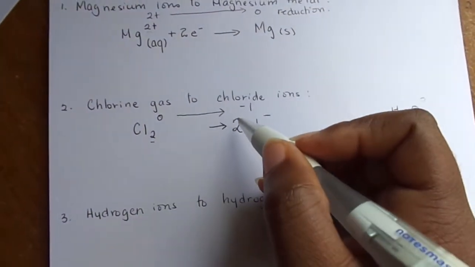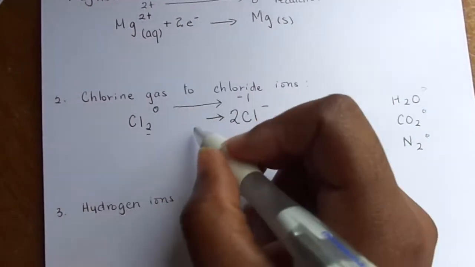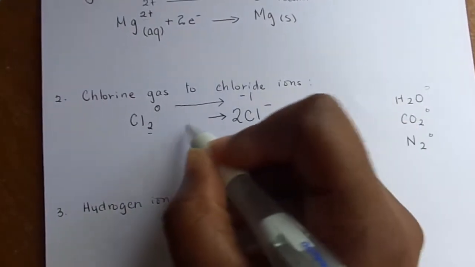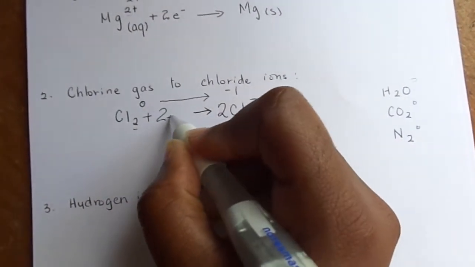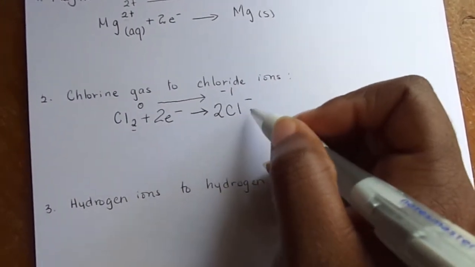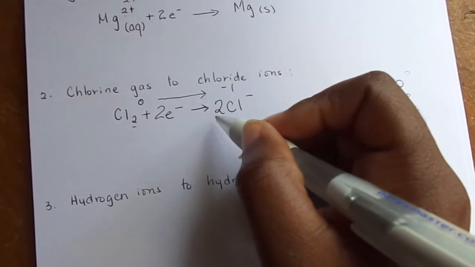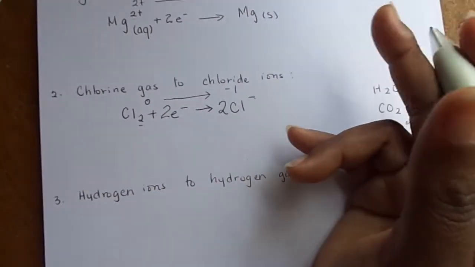Reduction is addition, so we're going to have 2 electrons. Why do we have 2 electrons? Because 2 times this up here gives you 2 times negative electrons.